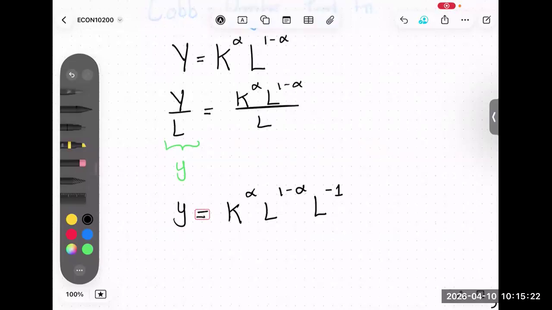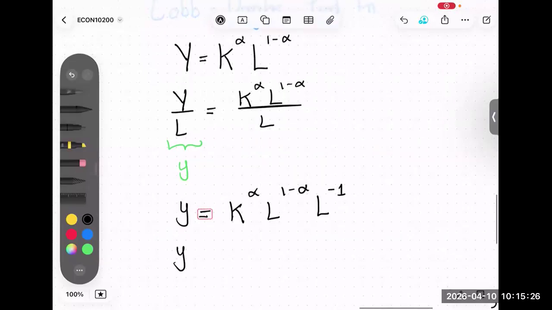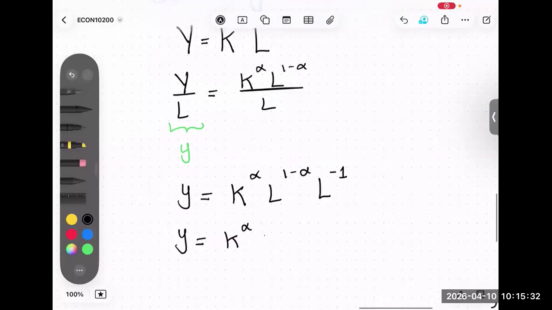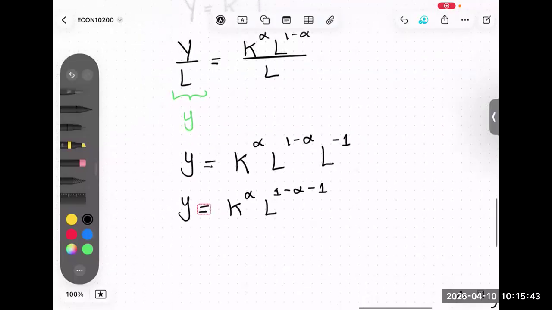And the right-hand side now simplifies to the following. You just have to use rules of exponents. In this case, it is K to the power of alpha times L. And the exponents, here I will do it step by step, right? It's completely unnecessary, but just to make this crystal clear.